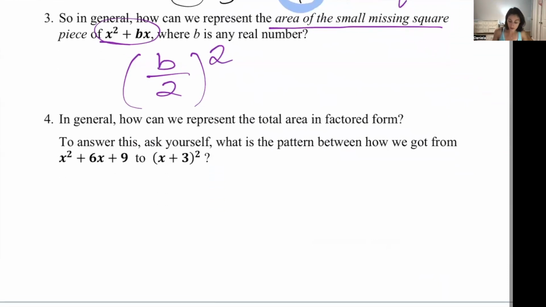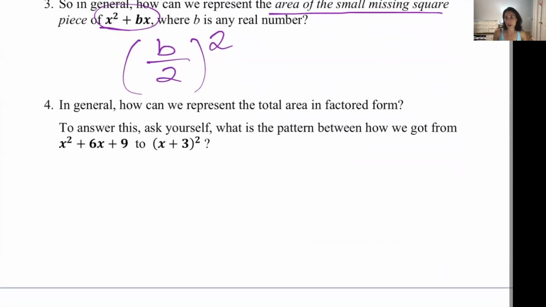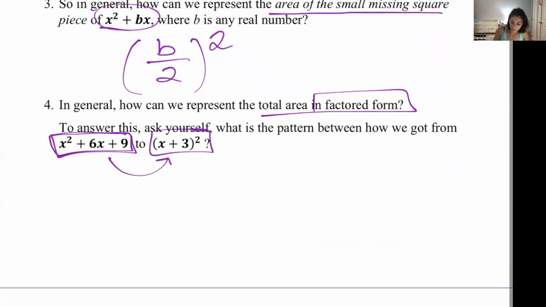The other connection that's also in the steps of completing the square is how can we represent that total area in factored form, right? Remember before we had this standard form perfect square trinomial, and then we used the AC method and we factored it to this, remember that? Well, you don't have to do the AC method. So again, there's actually going to be like a template.